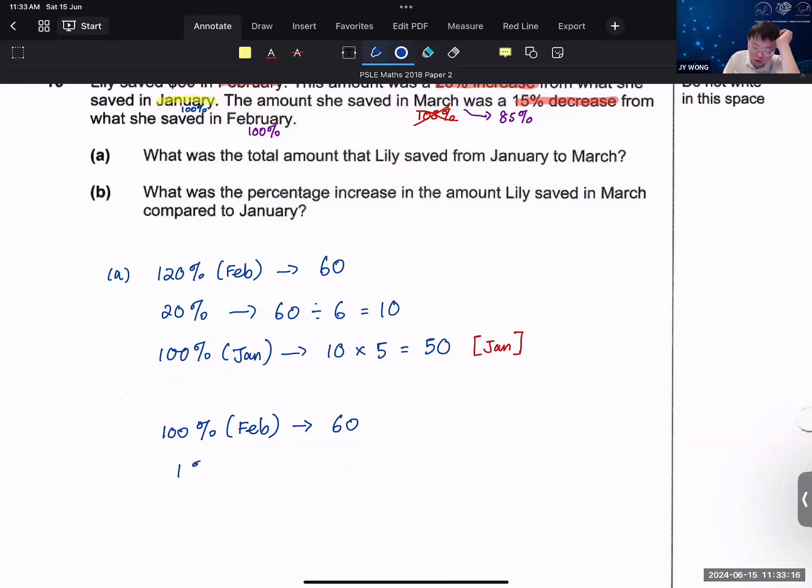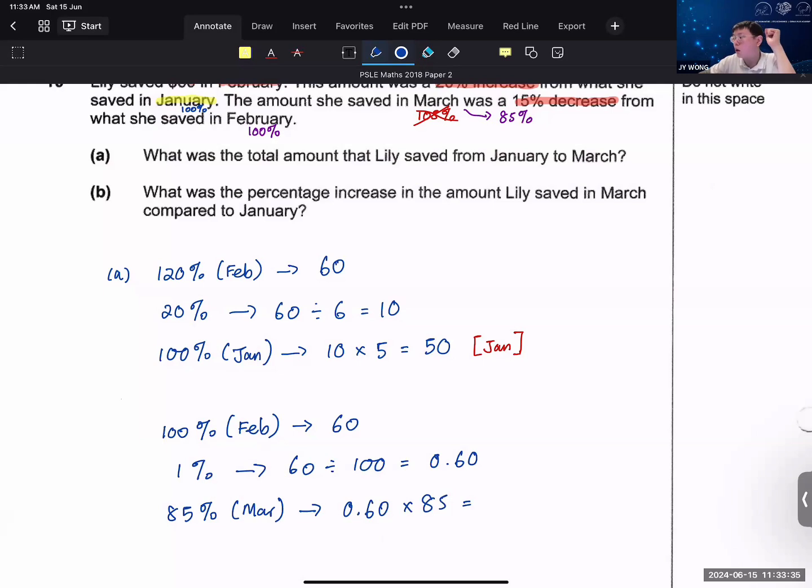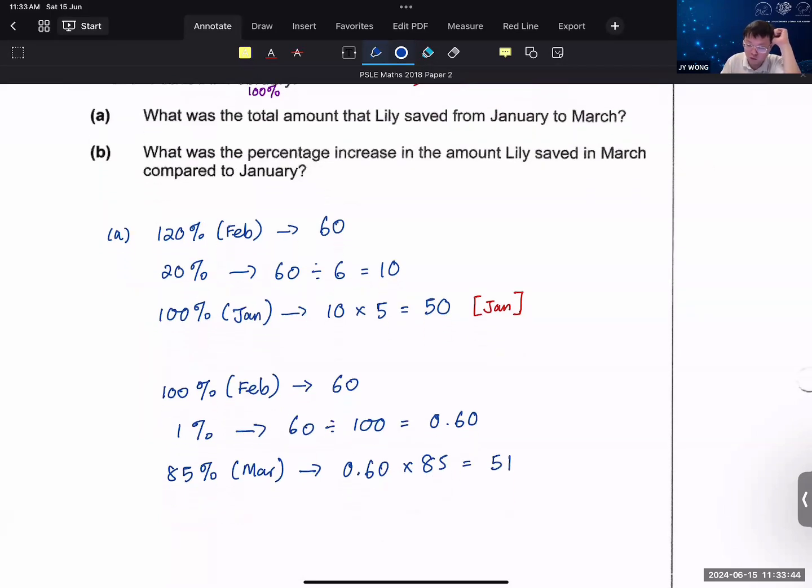So maybe you just go and find 1%. Okay, and then your March is actually 85%. This is where you press your calculator. Okay, and that will give you $51.